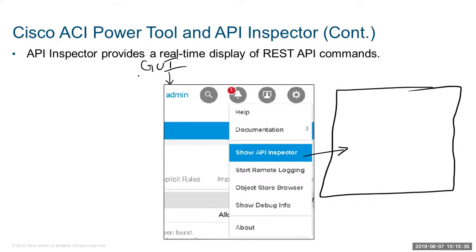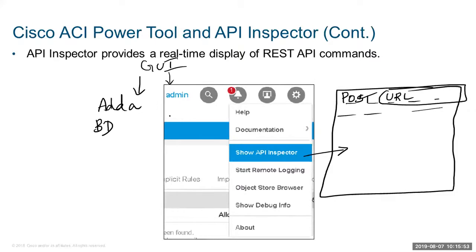Okay, now if I'm in the GUI and I go ahead and add a bridge domain, it will show me the corresponding POST as the method, because I'm adding a new bridge domain. It will show the URL for the bridge domain. And it'll show me how this information is sent in JSON.